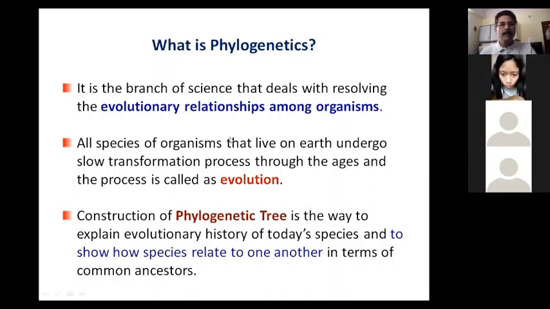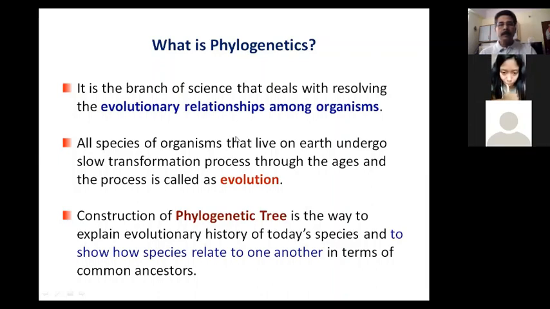That particular branch of science that deals with establishing the evolutionary relationship among organisms is known as phylogenetics. And with the advent of complete genome sequencing technology, now we have the complete genome of a number of representatives of a species in the databases.